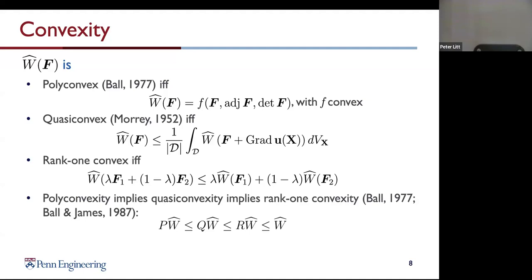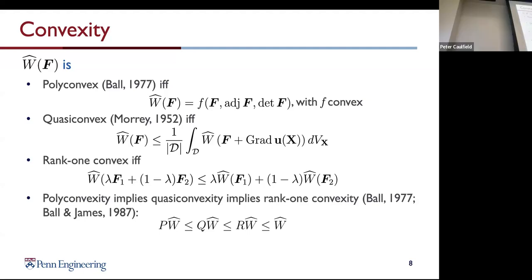Intuitively, what it means is if you do some sort of displacement boundary value problem on your material, such that you apply some displacement which would allow for a homogeneous strain throughout the material, that homogeneous strain will be a minimizer for the energy. And so you can see that if you're quasi-convex, it wouldn't allow for these types of non-uniform strains throughout the material when you apply a macroscopically uniform strain. Okay, so that's one thing that's important.